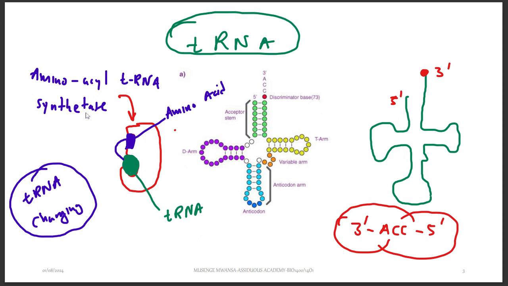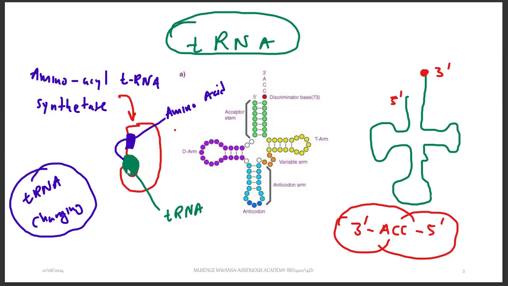Every time you hear an enzyme known as a synthetase, it means that you are using energy, you are using ATP. So for this enzyme to carry out the function, you need the ATP. It is amino acid tRNA synthetase because you are getting an amino acid and adding it to tRNA. That is known as tRNA charging.